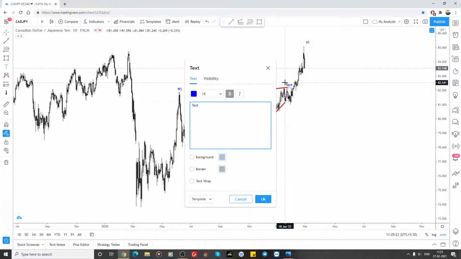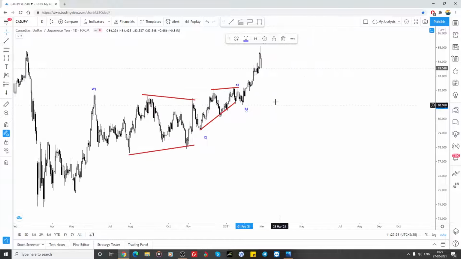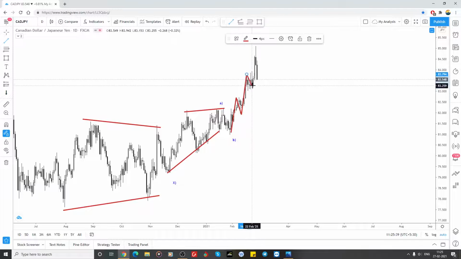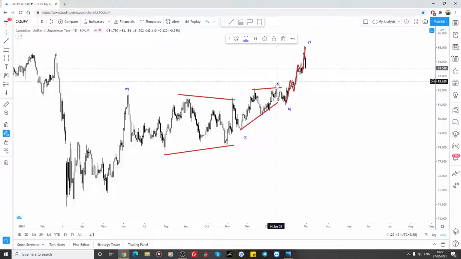So this is an A. So this is a B, and C has a 5-wave structure. So 1, 2, 3, 4, 5. It's already over. 1, 2, 3, 4, and 5. So A, B, and C, Y is over.